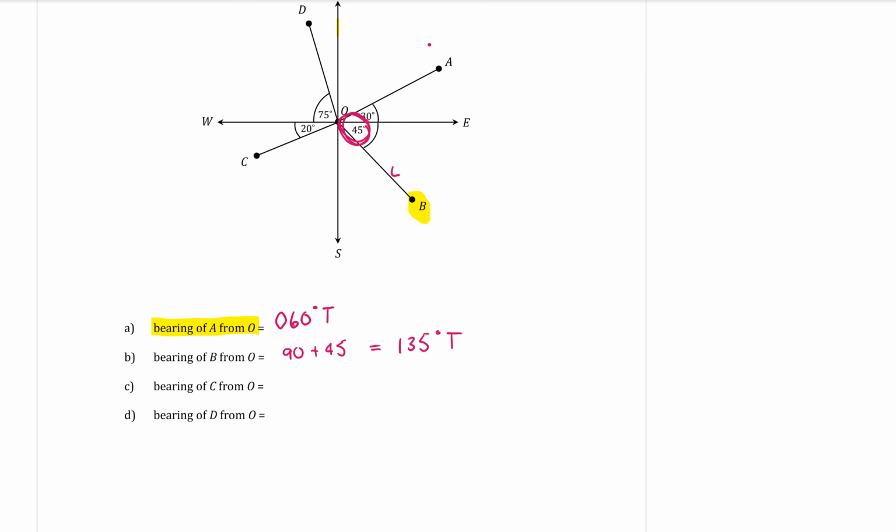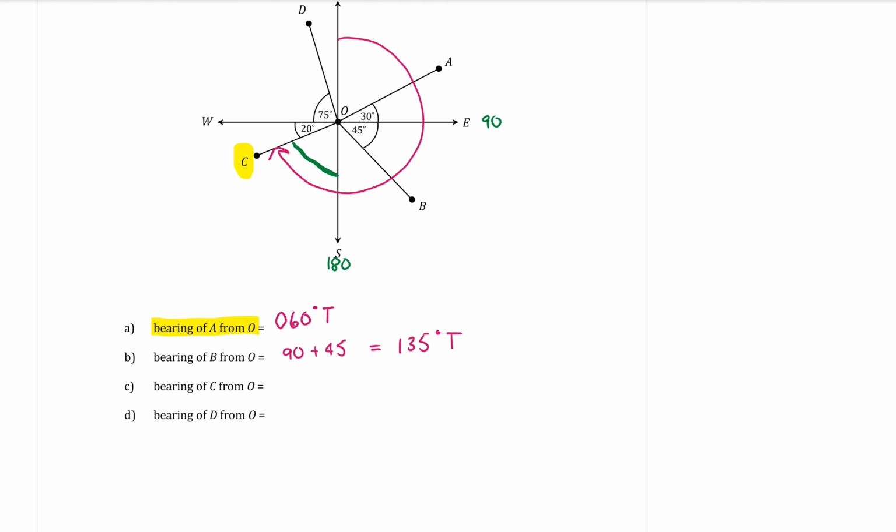All right, let's get rid of all my little working lines on there so we can do the next one. Now we want to do the bearing of C over here. So from the north all the way around. So we have 90 degrees to there, 180 degrees to the south, and then we need to go this bit extra around here.